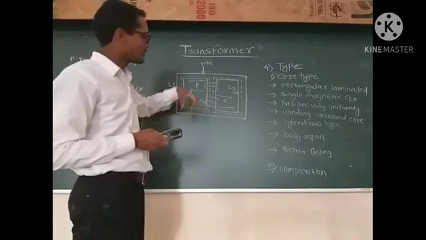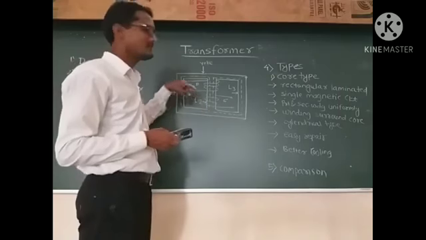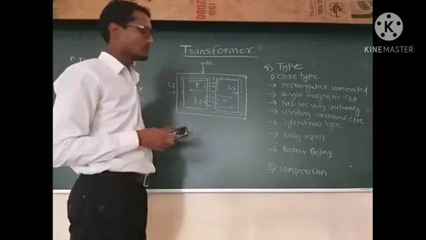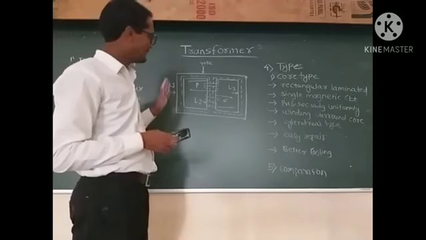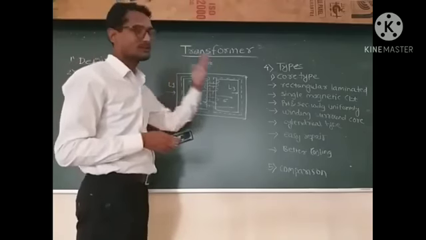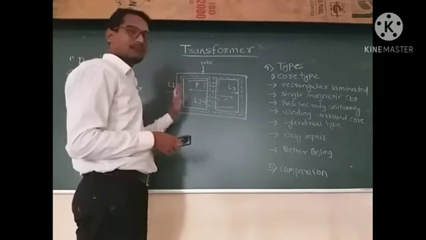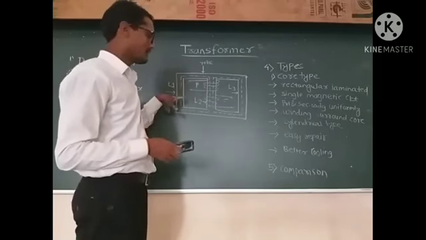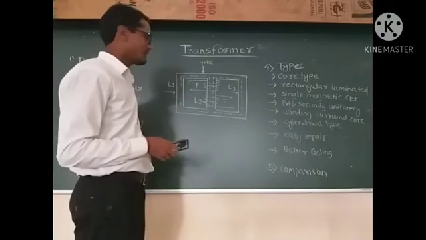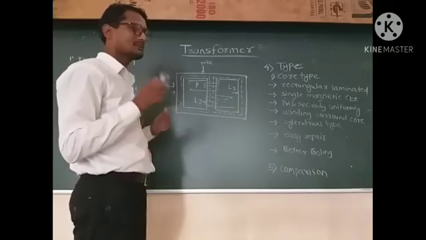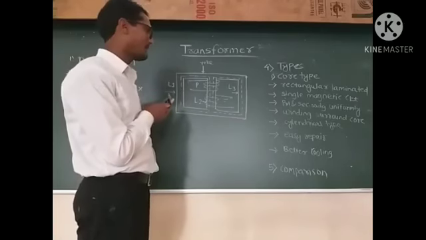So we have to provide extra or separate cooling to this type of transformer. Natural cooling is not possible because the core encircles the winding, not the winding encircles the core. So the cooling is not better, and we have to provide separate cooling.